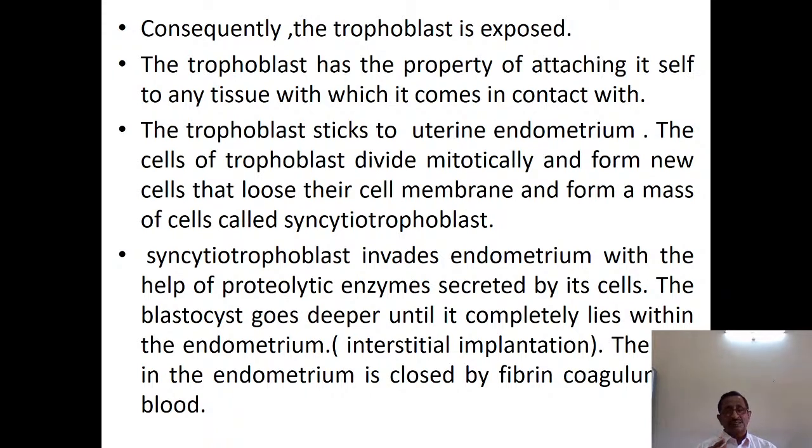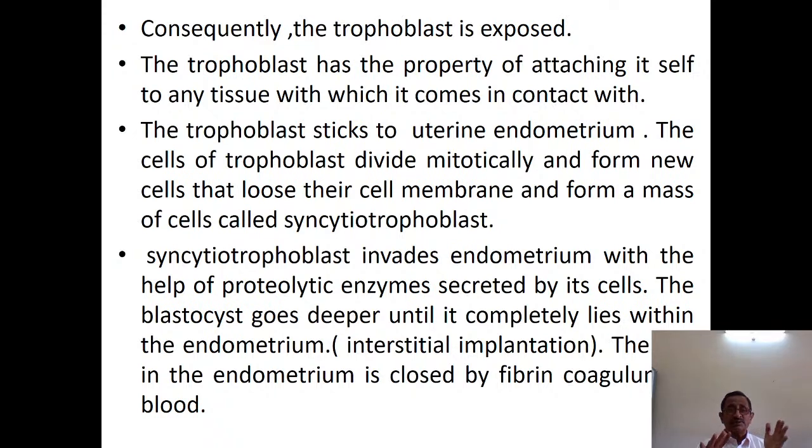Now as it has entered the cavity of the uterus, by this time it has absorbed more fluid such that the blastocyst has grown more in size, and this zona pellucida is broken up and finally disappeared.